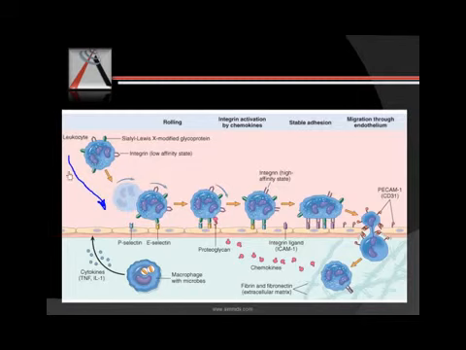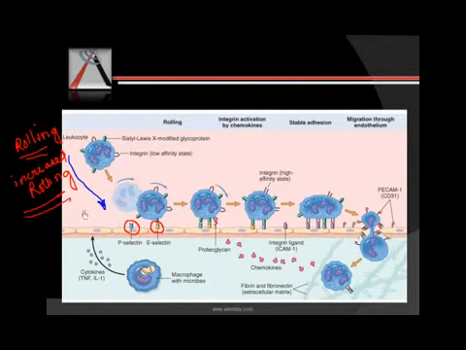In inflammation, the inflammatory mediators bring about the expression of selectin molecules, and these selectins bring about increased rolling. Rolling is nothing but the transient attachment of the PMNs to the blood vessels, and because of the expression of selectins, the rolling is increased.